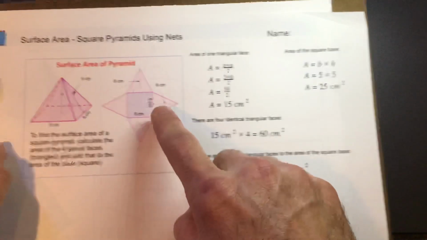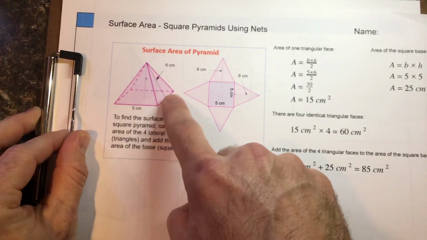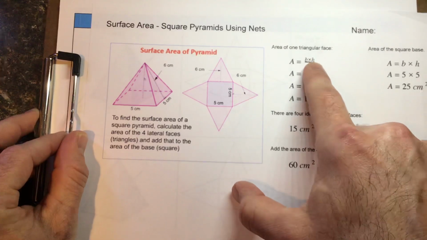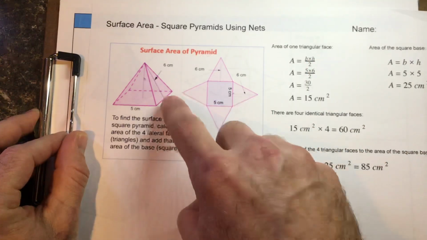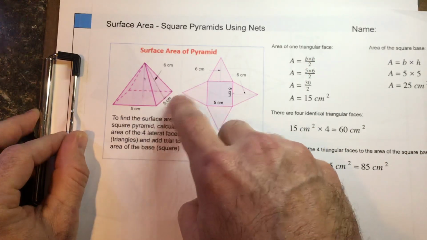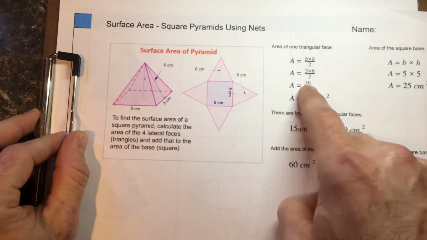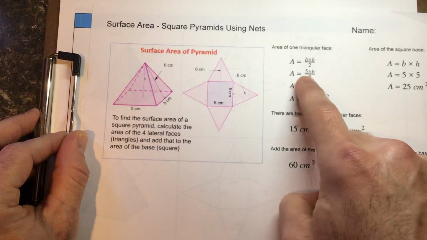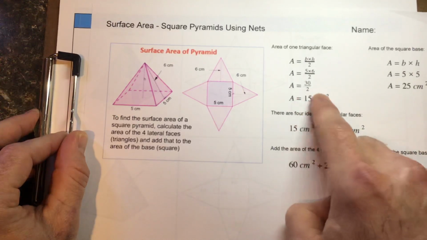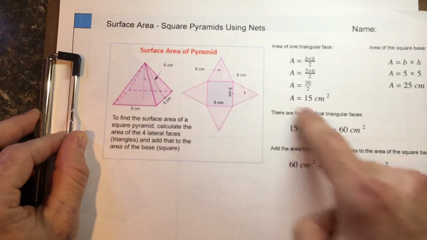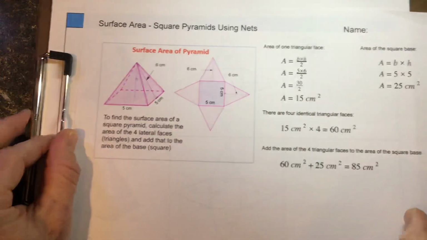In this case, the base of the triangle is 5 centimeters, and the height of the triangle is that perpendicular distance from the base to the vertex opposite of that base, which in this case is 6 centimeters. So 5 times 6 is 30, and 30 divided by 2 is 15. The area of one of these triangular faces is 15 square centimeters.